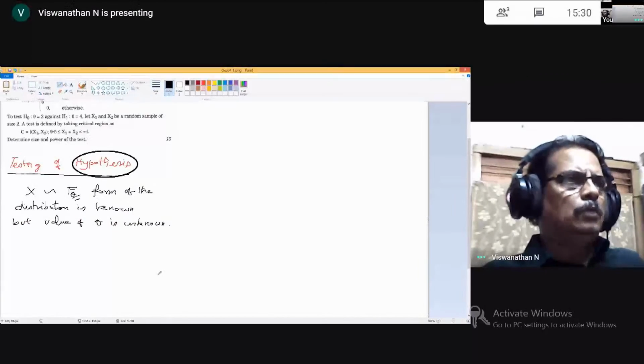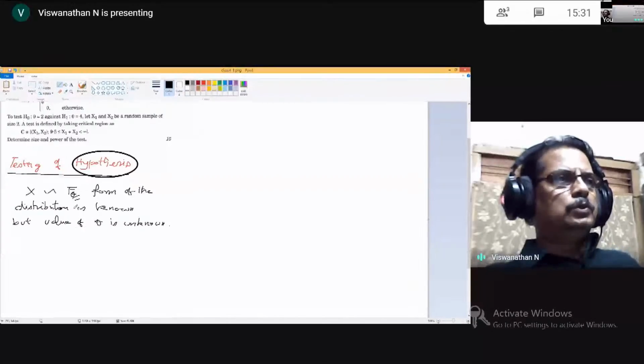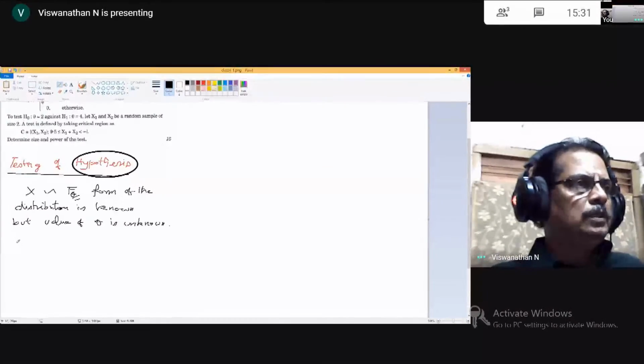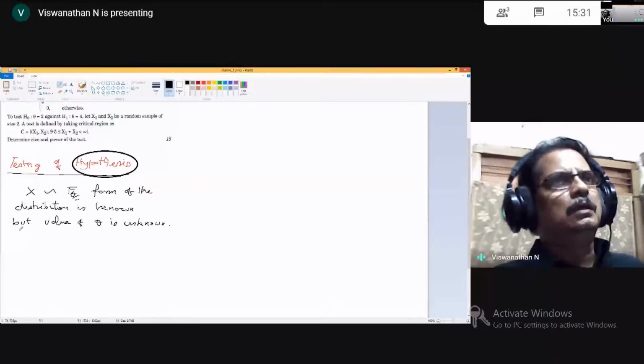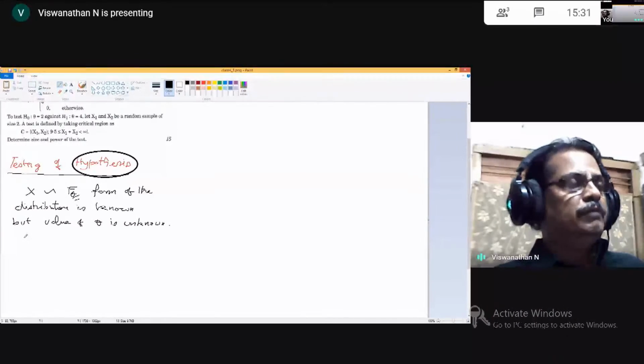So we want to test some statement about this theta. The one that we want to begin with is called the null hypothesis. The definition of null hypothesis varies with different authors.